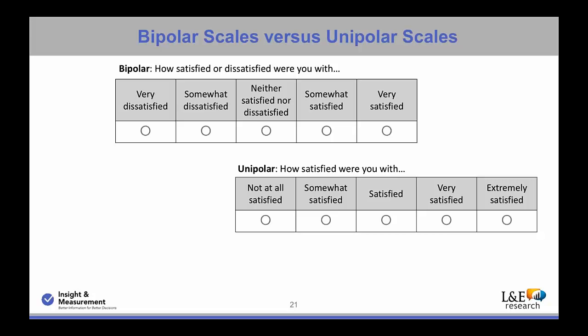Generally speaking, bipolar scales are a little bit better. Like if you're United Airlines and you want to ask about your flight experience, you might need to include the dissatisfied. But unipolar scales tend to be biased because you're not allowing people to go to the dissatisfaction side of the scale.